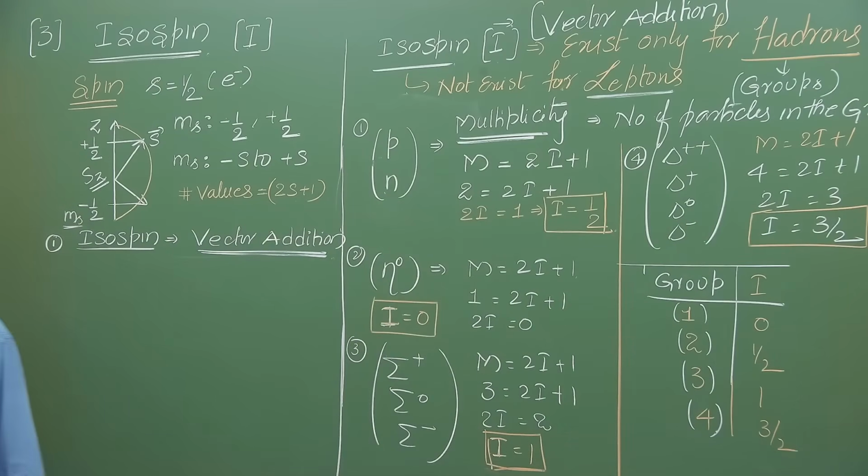If one particle is in the group, what is the isospin? 2 particles, 4 particles, 2 particles, 3 particles. Just number of particles minus 1 by 2.